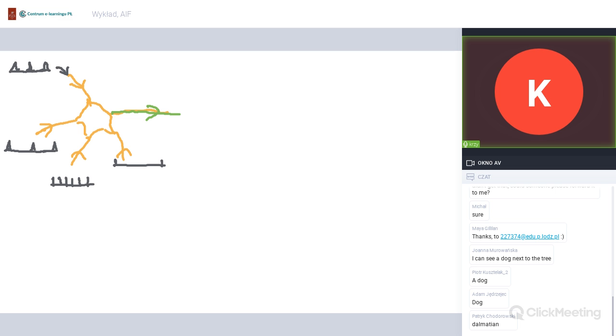And what a neuron does, these are input terminals for a neuron, and in biology they are called dendrites. So dendrites are inputs to the neuron.